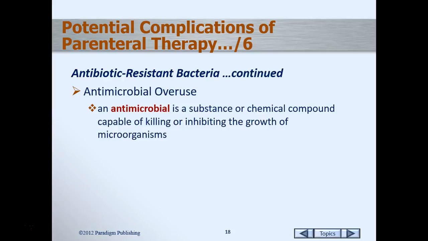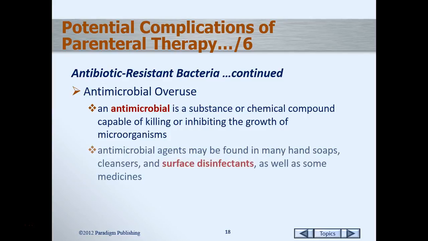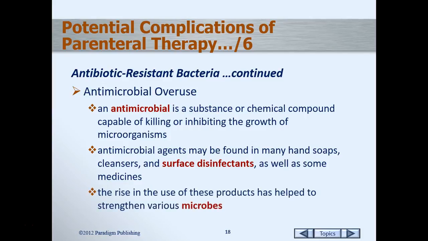So the antimicrobial overuse: an antimicrobial is a substance or a chemical compound capable of killing or inhibiting the growth of microorganisms. Like I stated previously, these are found in many household items such as hand soaps, cleansers, and surface disinfectants, as well as some of the medications. The rise in the use of these helped produce these various microbes or superbugs.